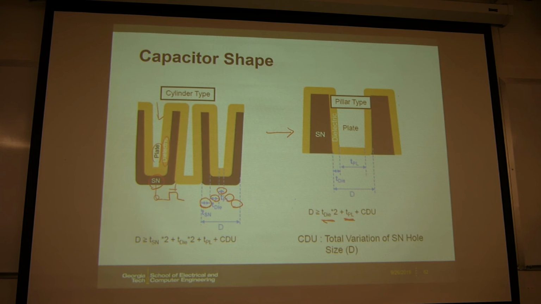So I think you still need to have some space here. But you can shrink this. But this storage node, you still need some space here. I don't have the data for the numbers. What is the typical number?